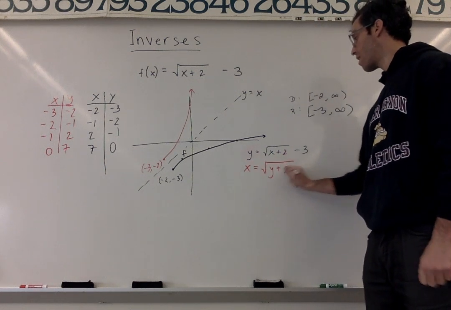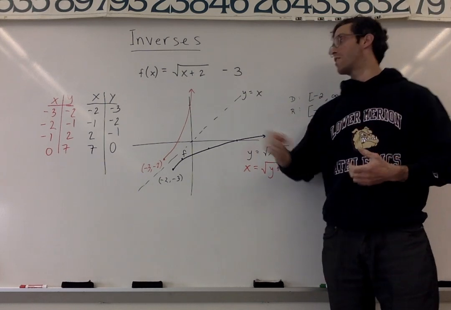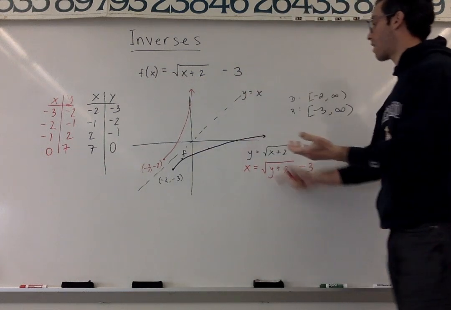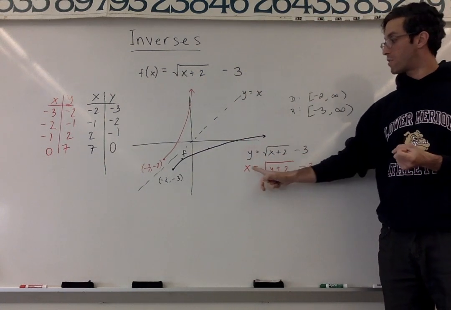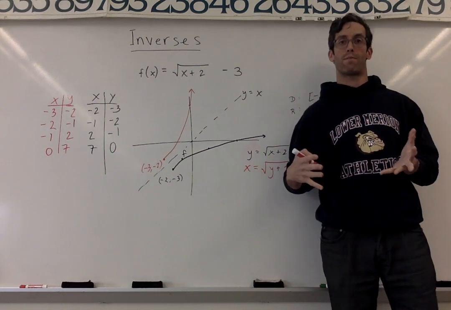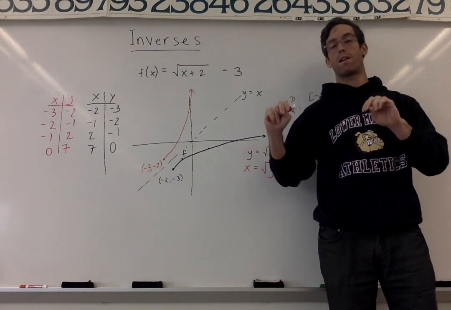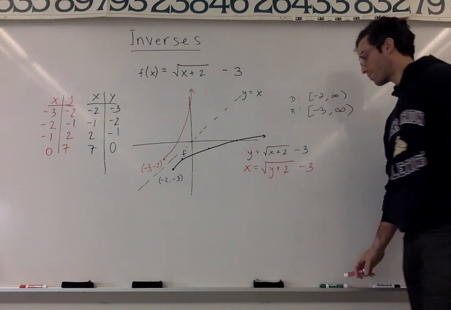That's the theme of inverses, switching x and y. The domain and range get switched, the ordered pairs get switched, and the equation, x and y, get switched. This actually is the equation of the inverse, but you would never leave it as x equals. That's not considered explicit form, which is y equals. We always want to solve this for y.